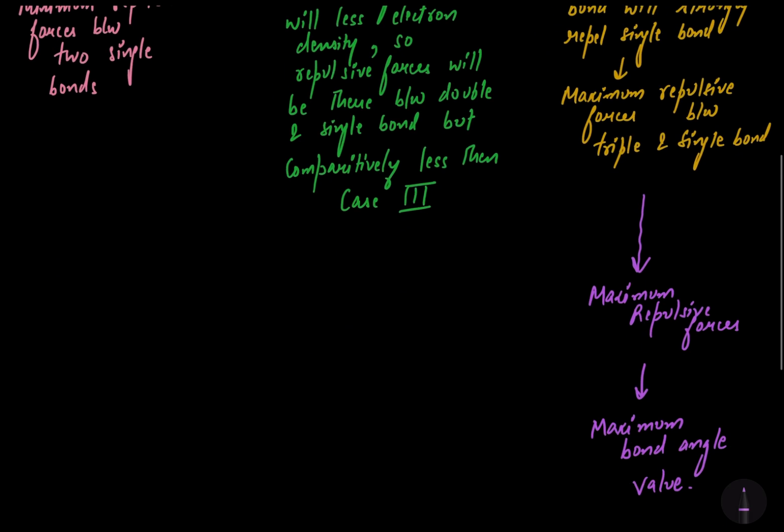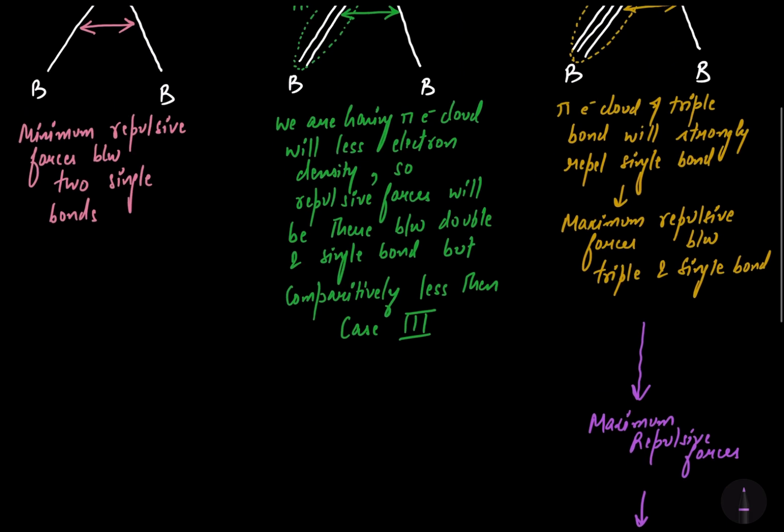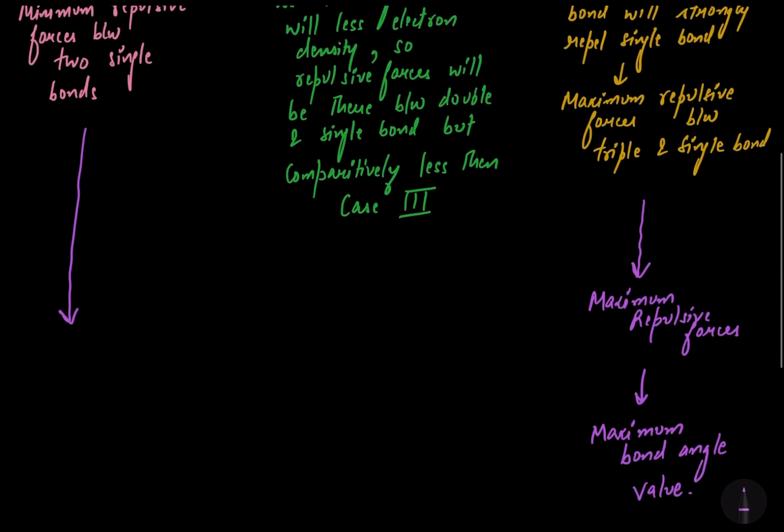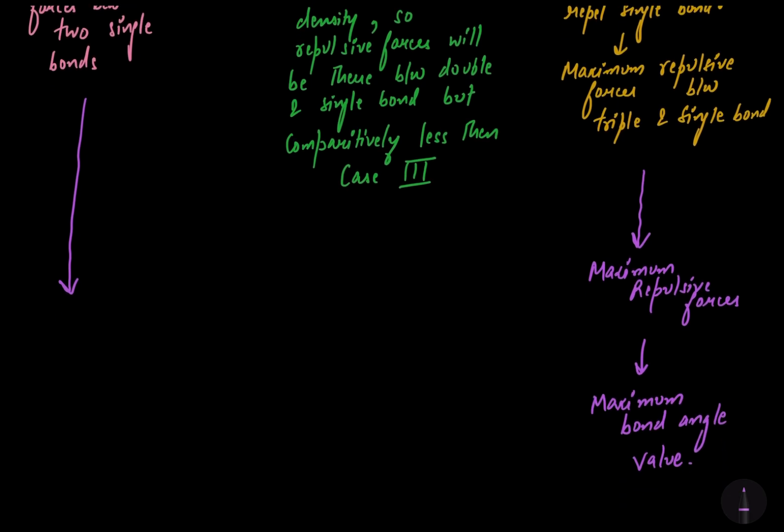Now let's come to the case number 1. In case number 1, we were having minimum repulsive forces. So in this case, we will be having minimum bond angle value also. Because the bonds are not repelling each other.